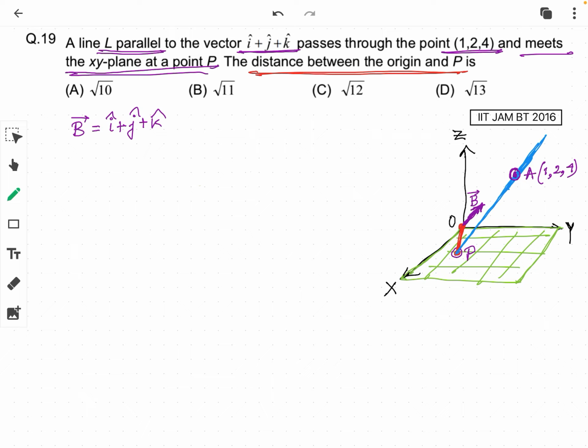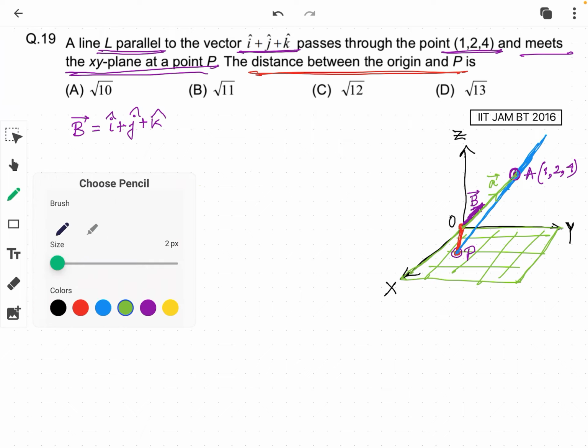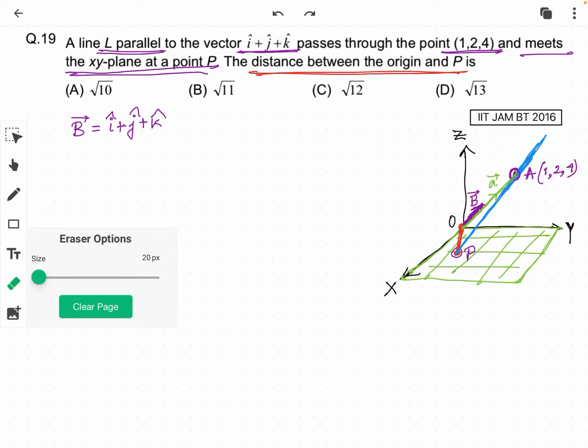So we can write the position vector of the point A as small a. Okay, don't be confused with B vector and A vector.